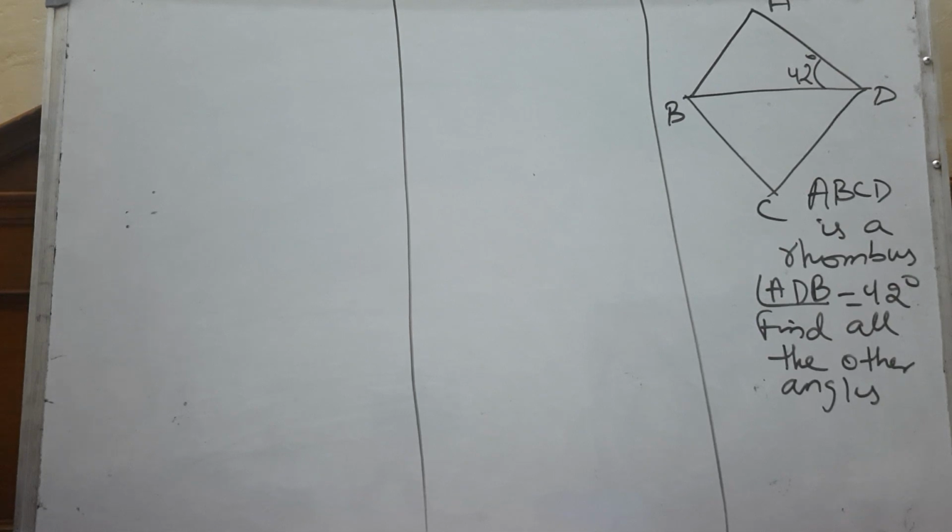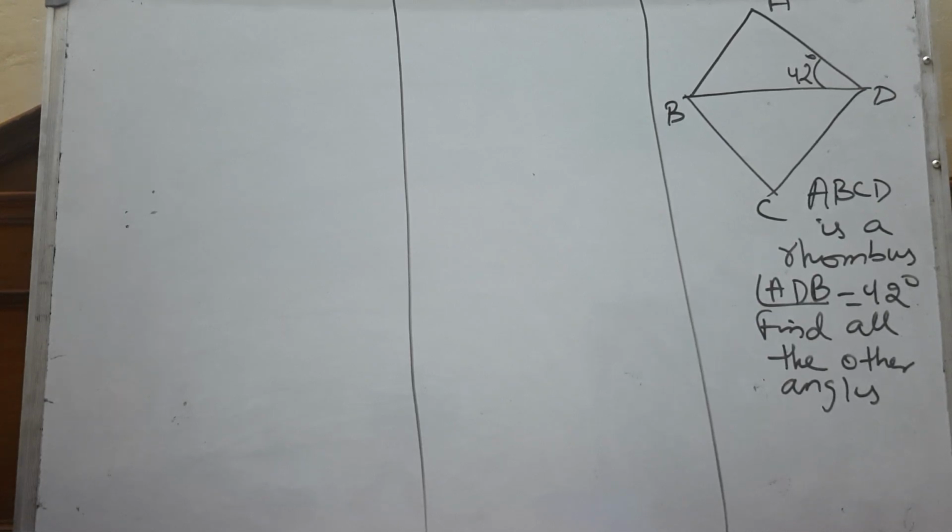The sum of the adjacent angles of a rhombus is 180 degrees, just like in a parallelogram. In a square the diagonals bisect each other at 90 degrees, and in a rhombus also the diagonals bisect each other at 90 degrees. So these are the differences between a rhombus and a square.